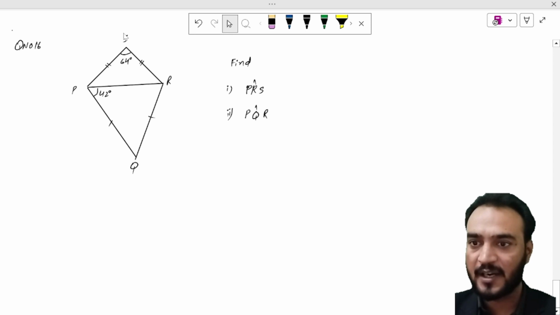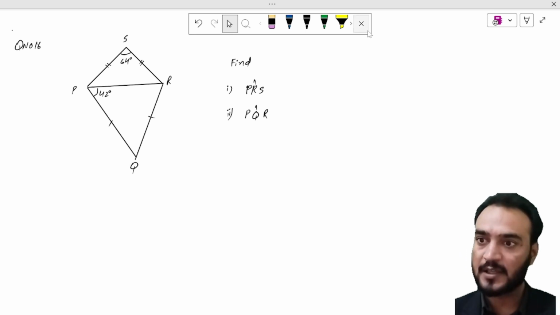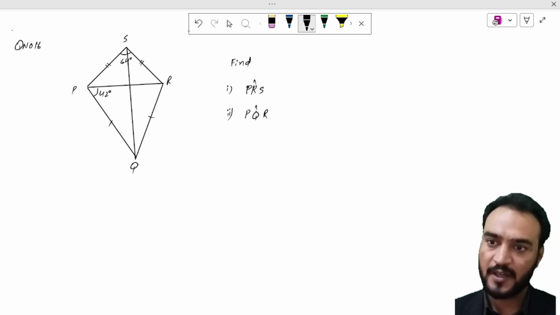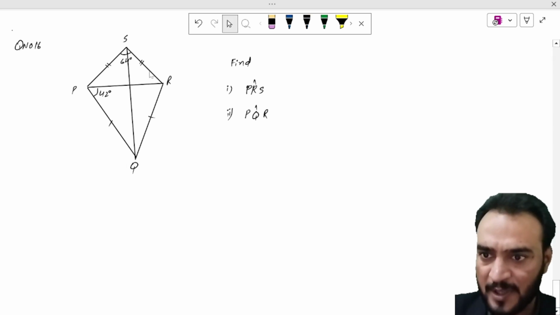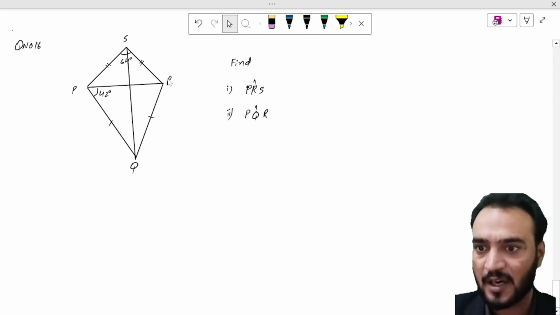PQRS is a kite you can see in front of you. Let us join Q and S also. Q and S are joined. There is a little problem in the diagram, but you know the side PS is equal to SR and PQ is equal to QR.